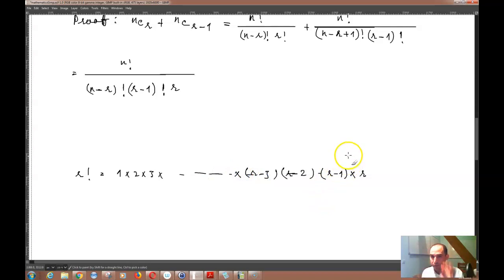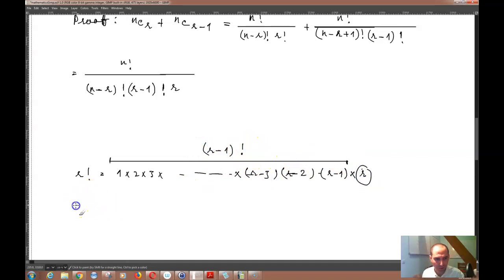You can see that 1 times 2 times 3 all the way up to r minus 1 is r minus 1 factorial, and there is an r over here, so r factorial is r minus 1 factorial times r. That's what I have done here.